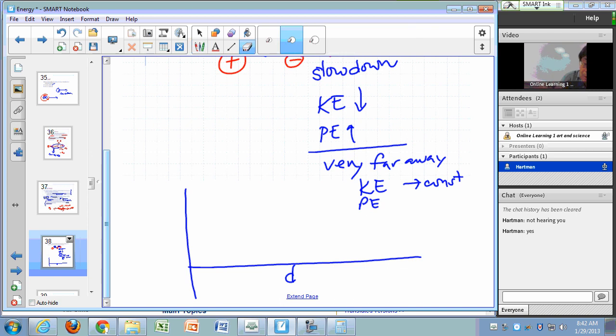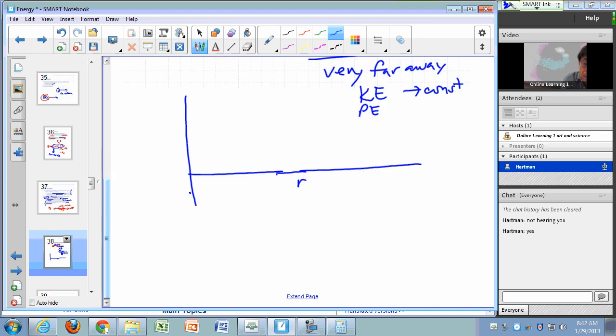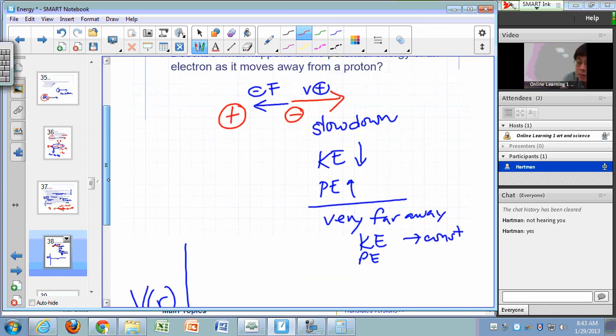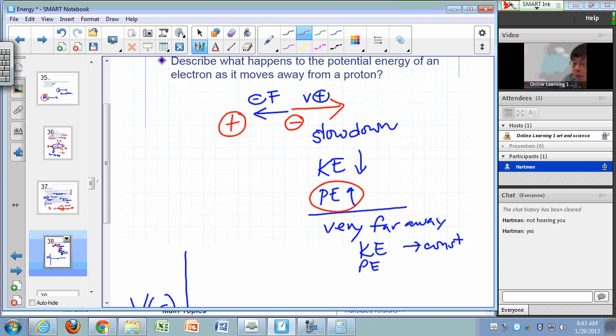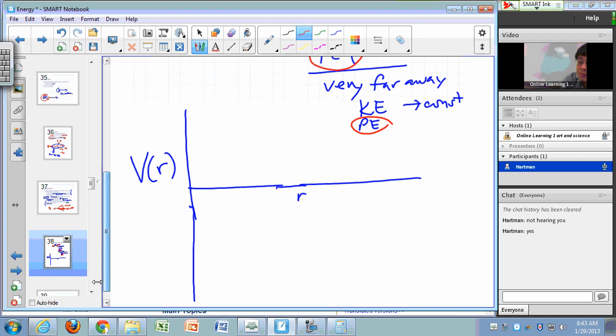We usually use the letter R for distance, so we're going to plot potential energy versus R. Potential energy as a function of R. What did we say happens as it moves away? Potential energy will be rising, and it eventually levels off. It approaches a constant value. When they're very far away, we're just going to assume it approaches zero.